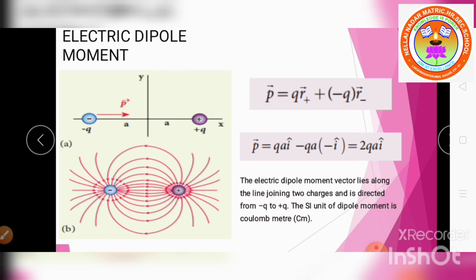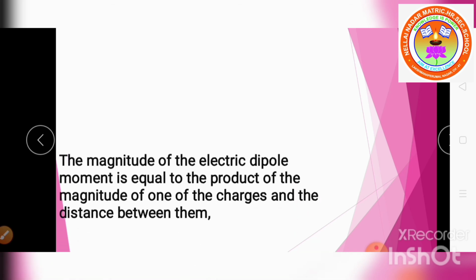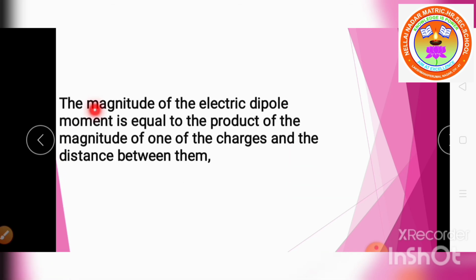From this we can define the electric dipole moment. The magnitude of the electric dipole moment is equal to the product of the magnitude of one of the charges and the distance between them. So the magnitude, modulus of P vector, is equal to 2 Q a.